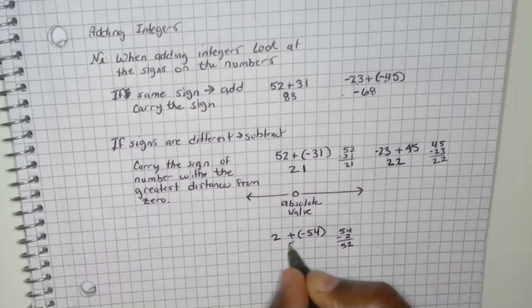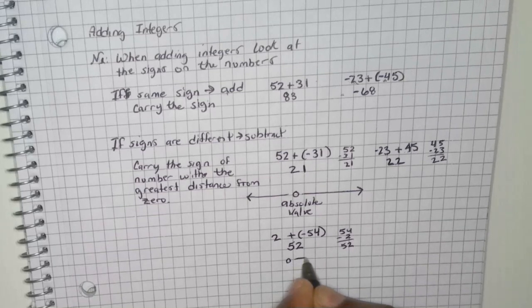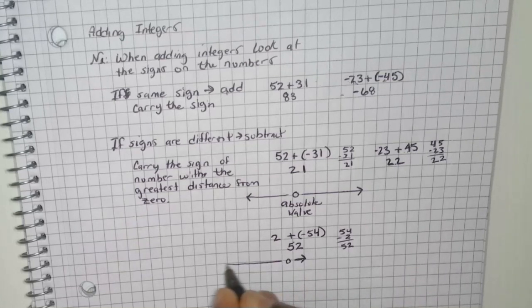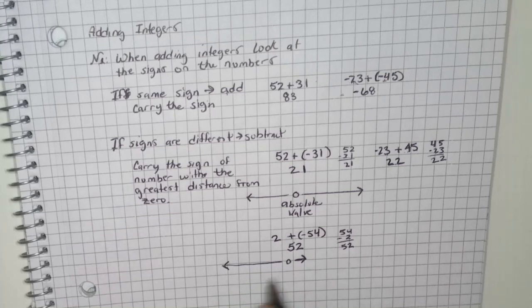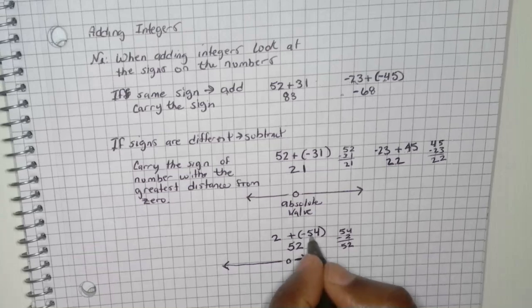So I know the numbers part is 52. But what sign is it going to be? Well, if I think about the number line, 2 is a short distance to the right, because that's the positive side. But negative 54 is a longer distance to the left. So whoever has the longest distance from 0, that's whose sign you take. We're going to take the negative.